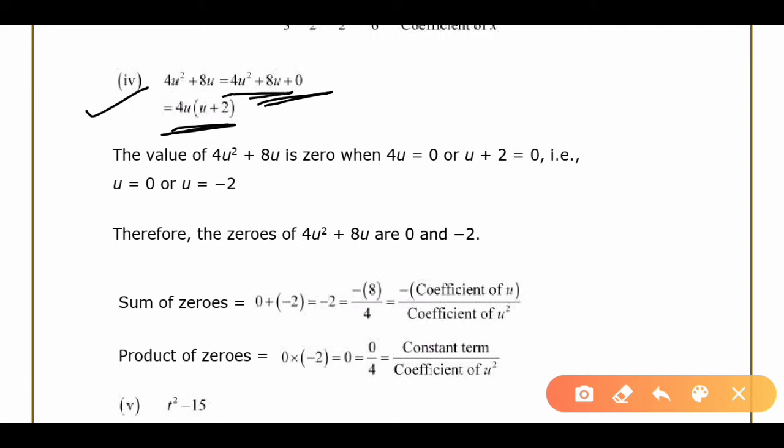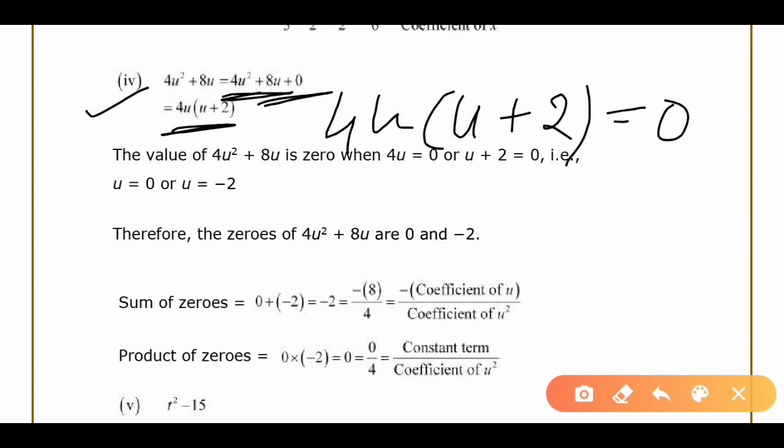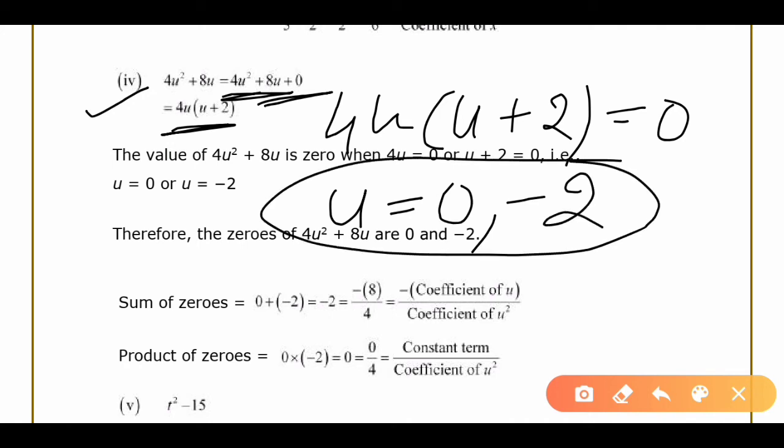Here we'll take 4u as common, so we'll get 4u into (u plus 2), and we equate it equal to 0, so u will be equal to 0 and minus 2. So we'll get two solutions, or we can say two zeros.